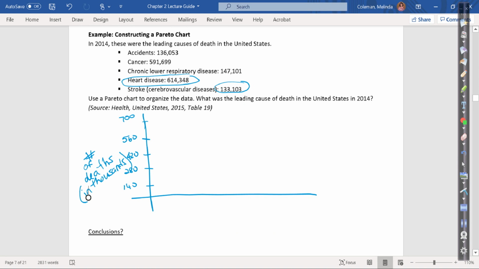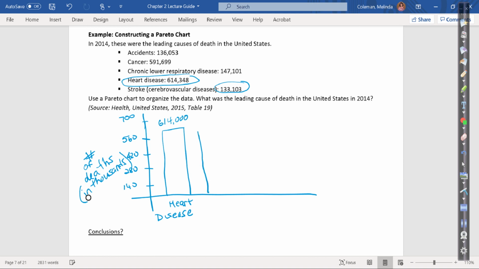So you're going to just have to estimate. I'm going to put about 614,000 here. This is heart disease. Next one is cancer at right about 600,000.